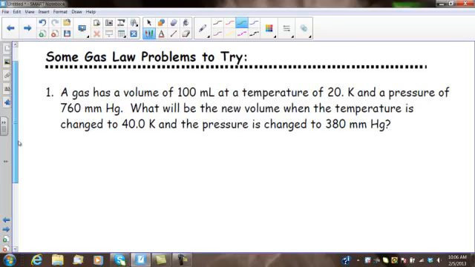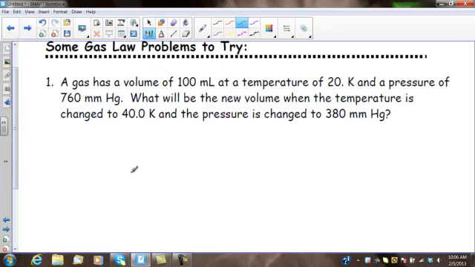Let's try a couple problems. A gas has a volume of 100 mL, V1, temperature of 20 K, T1, and a pressure of 760 millimeters of mercury, P1. What will be the new volume, V2, when the temperature is changed to 40 K, T2, and the pressure is changed to 380, P2?